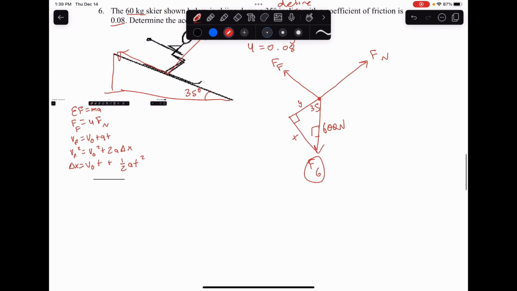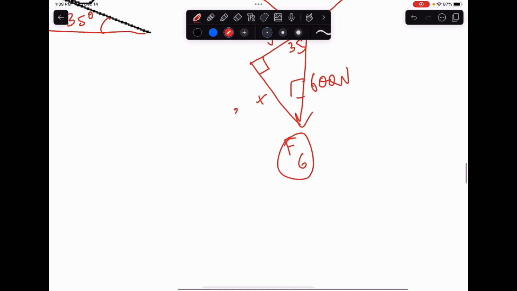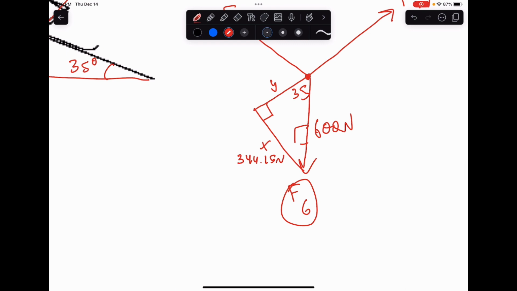So sine of 35 is going to be this x over hypotenuse. So we can say that this is 344.15 newtons. And we can say this y if we do cosine. So cosine of 35 times 600. Let's call it 491.49 or 491.5.